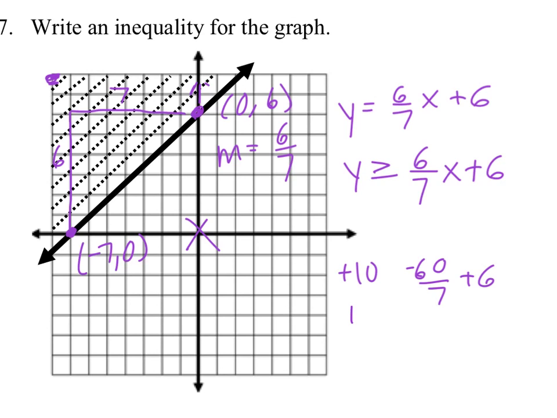And so comparing that 10 to -60/7 plus, this would really be 42/7 because 42 divided by 7 is 6. We're comparing 10 to, let's see, this would be -18/7. So the 10 is greater than the -18/7.